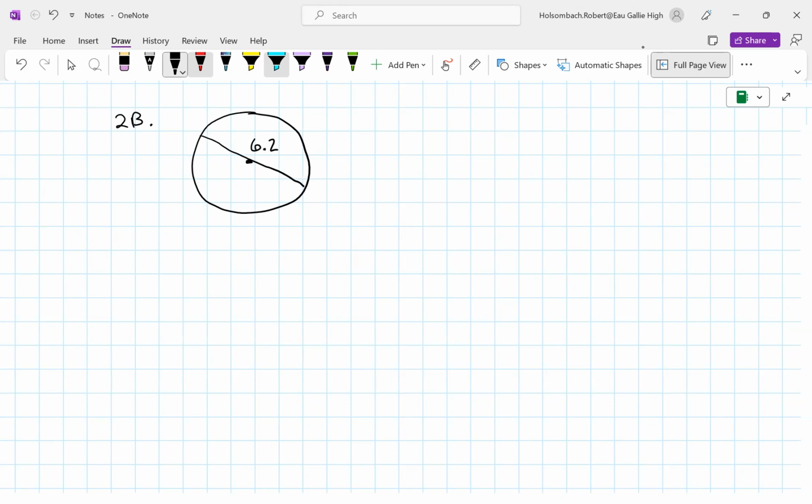So when we find the circumference now, we're going to use that circumference equals pi times diameter. So we're going to go pi times 6.2. And that's just a calculator function. So pi button times 6.2, hit equals, and I get 19.48.